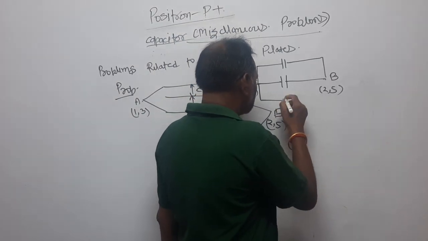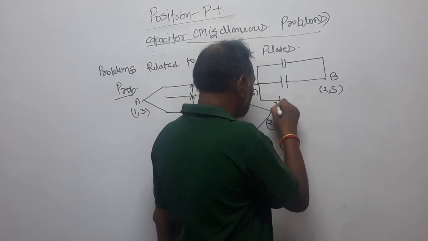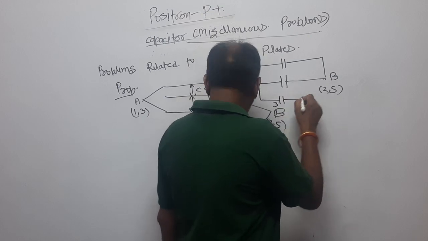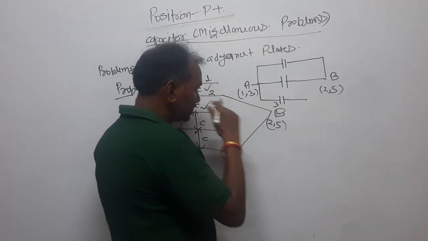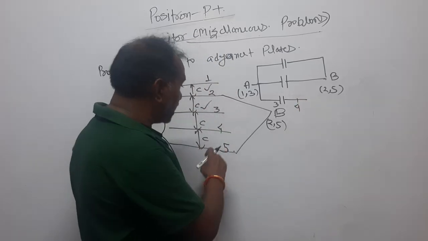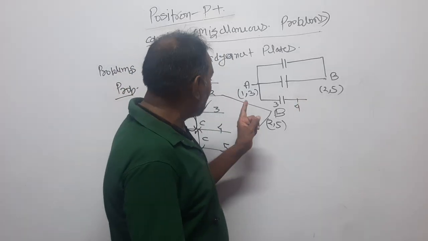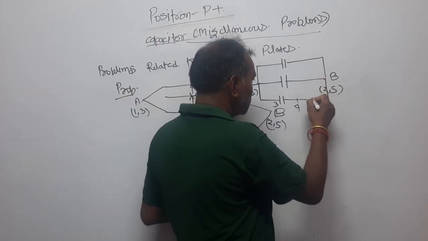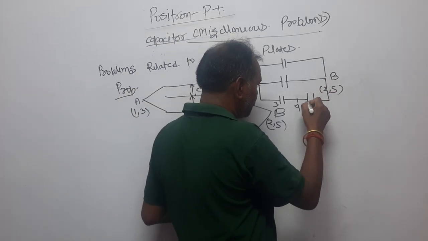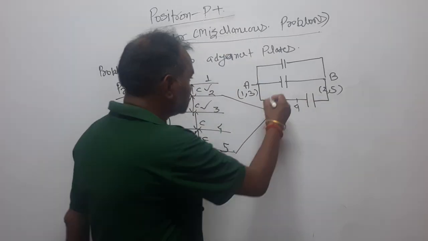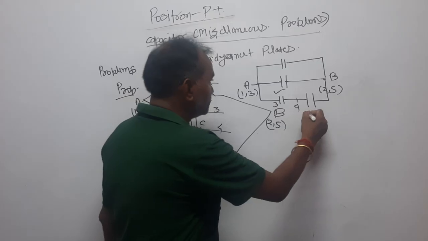This is plate number 3 and this is 4. 3 and 4 make one capacitor, so I'm marking 4 here. And now 4 and 5 make another capacitor, and 5 is here. So between 3 and 4 is this, and between 4 and 5 is this.